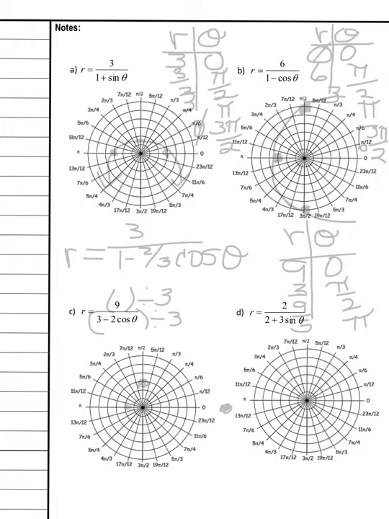Okay, one more. 3 pi over 2. 3 pi over 2 is 0, so I get 3 again. Okay, so my ellipse looks something like that.